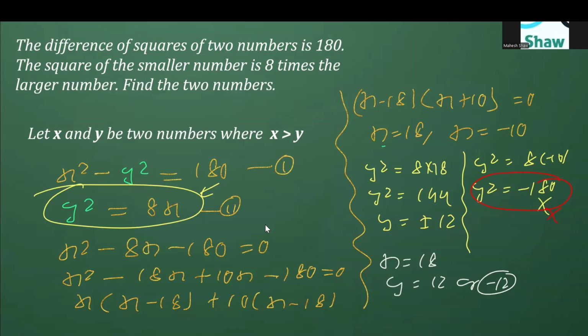So the possible values we should write are 18 and 12, or 18 and minus 12. That should be the two numbers.